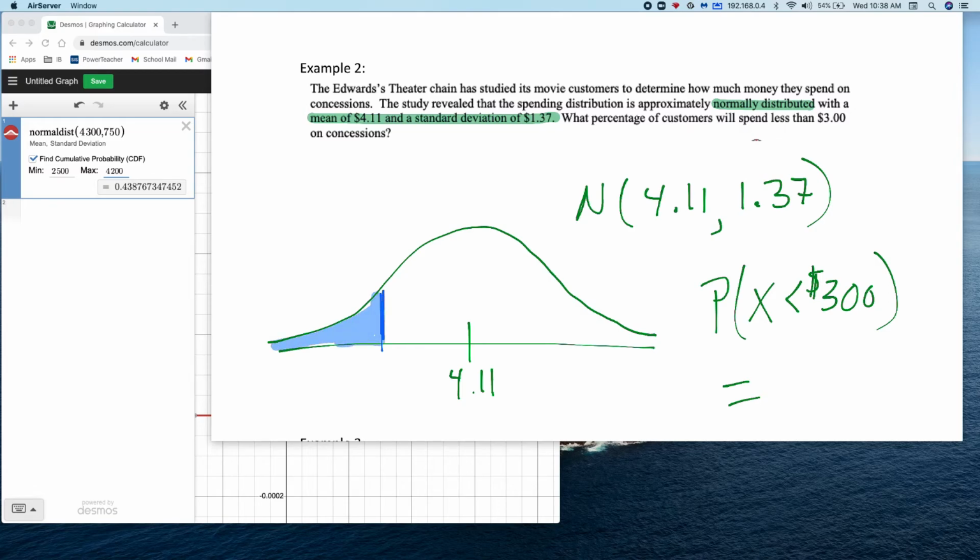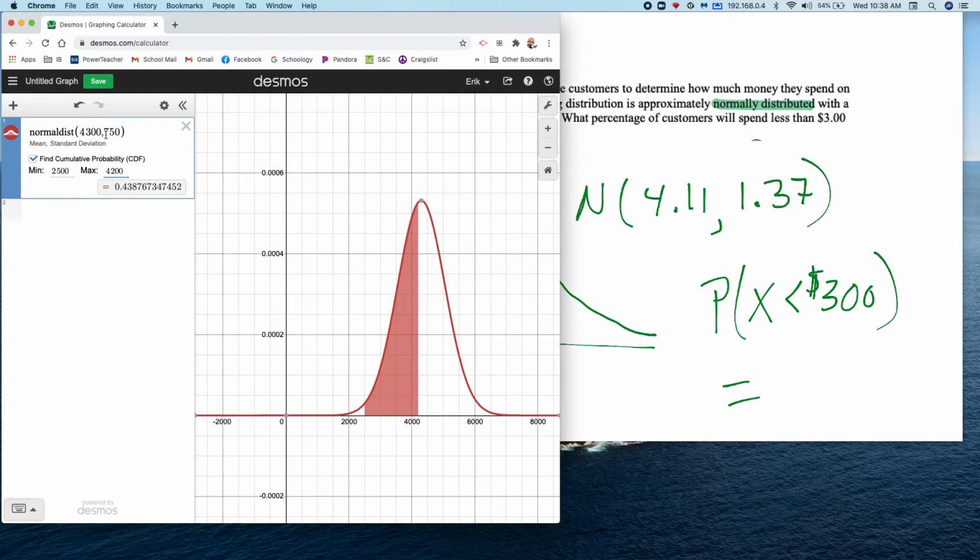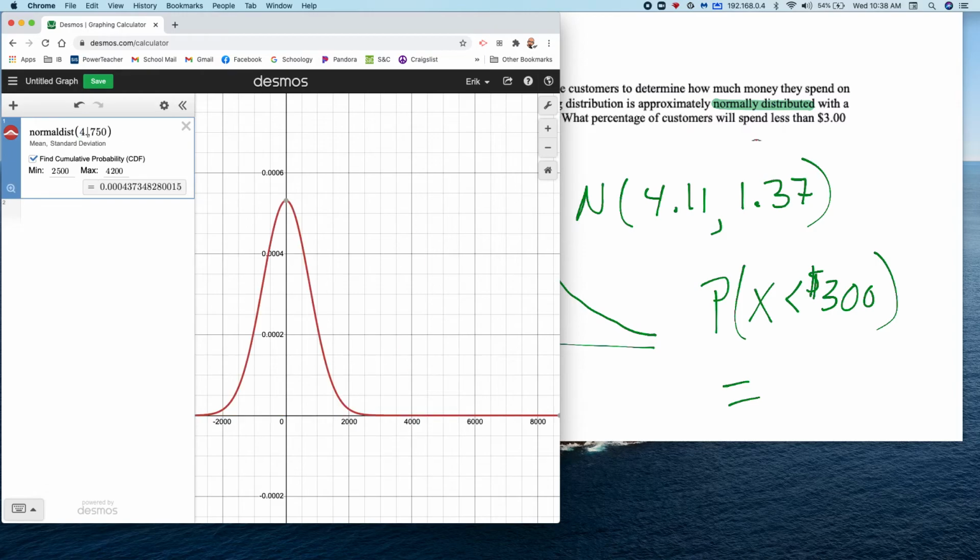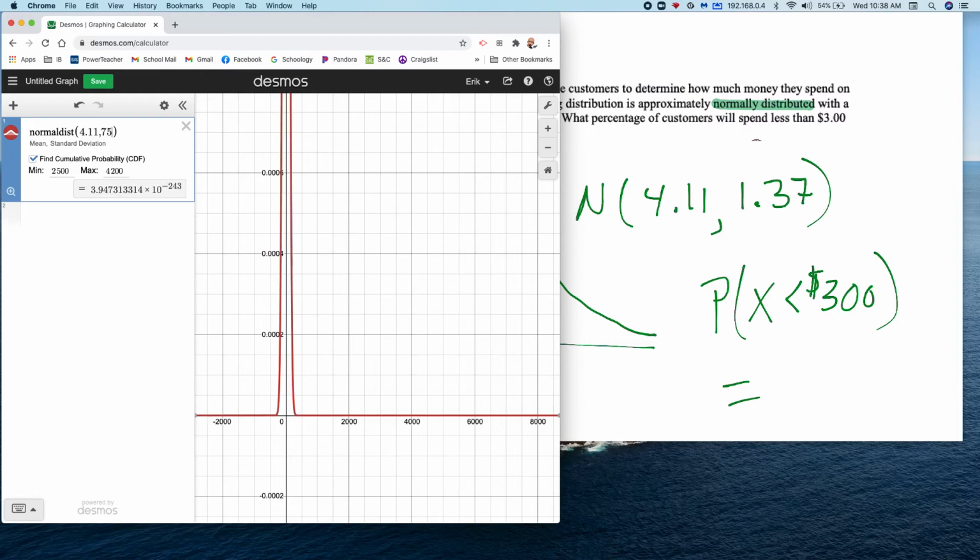I'm going to go to my normal curve again and do the same thing. I need to change the values up here, and I'm clearly not going to see it in here because I went down with different values. $4.11 and a standard deviation of 1.37. And clearly my thing doesn't work with that.